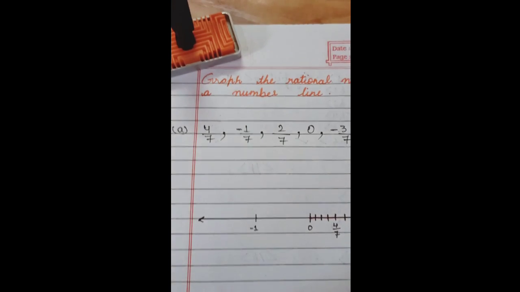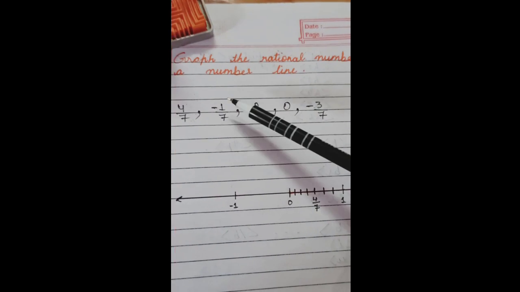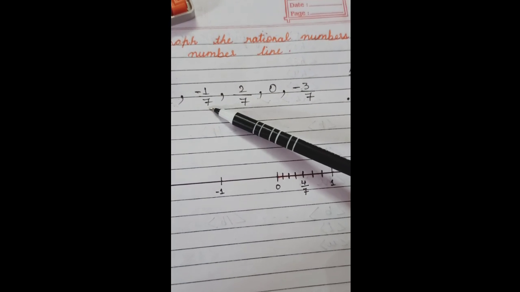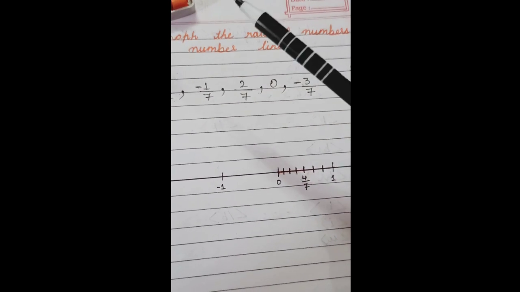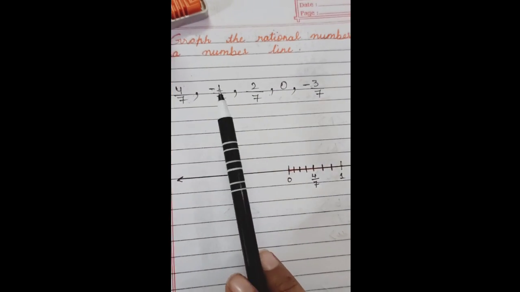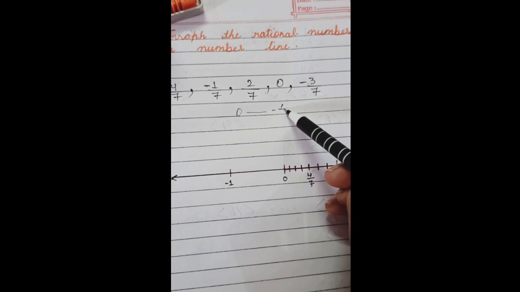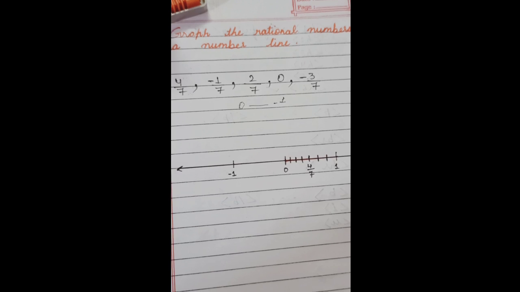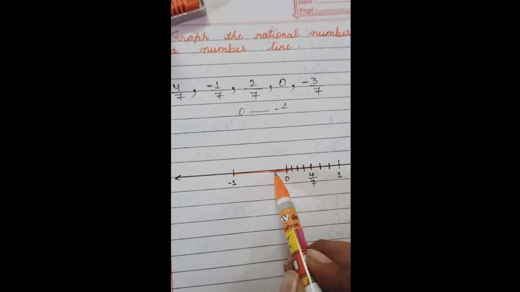Let's take another example, minus 1 by 7. Here also the numerator is less than denominator. Now here the rational number is negative. It means that this rational number lies between 0 and minus 1.